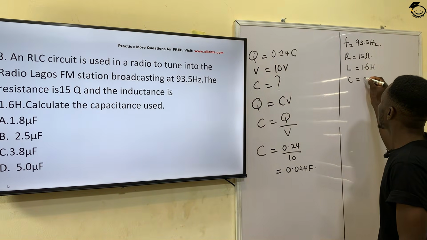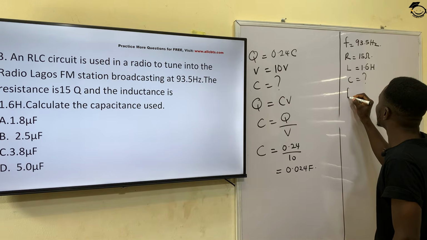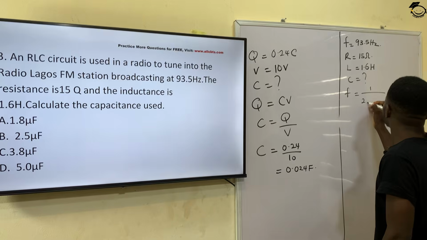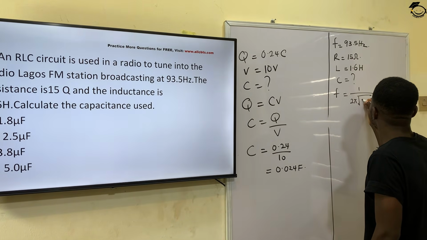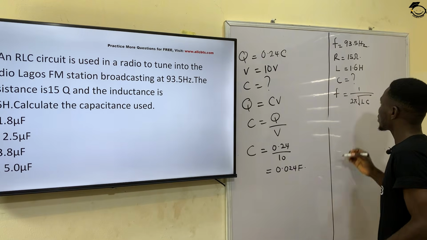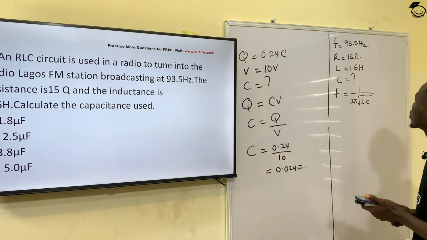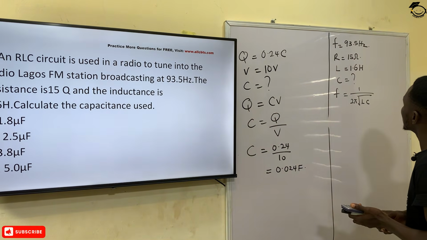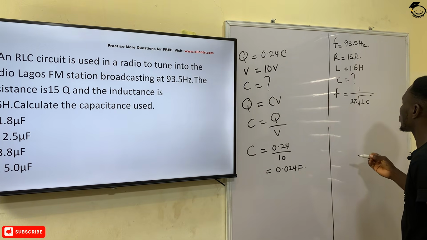And we know that the frequency is equal to 1 over 2 pi root LC. This is the formula for calculating the frequency of an RLC circuit. Since they ask us to find the capacitance, I can decide to make the capacitance the subject of the formula.